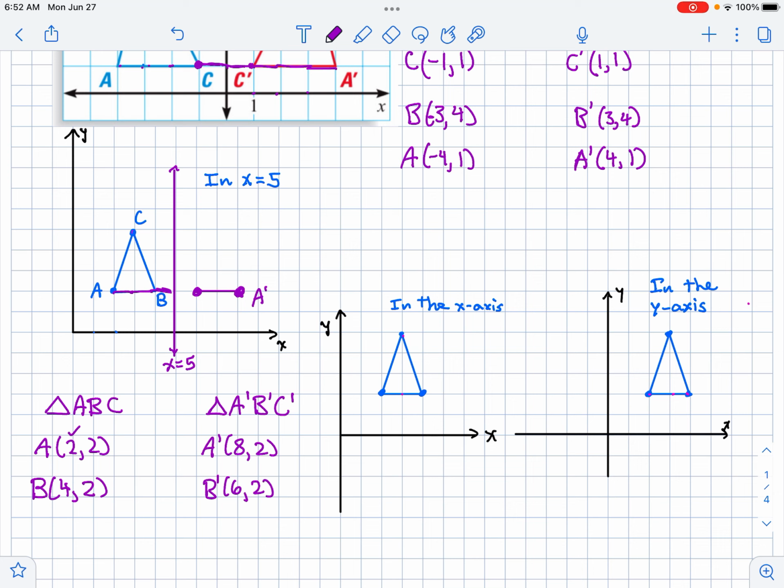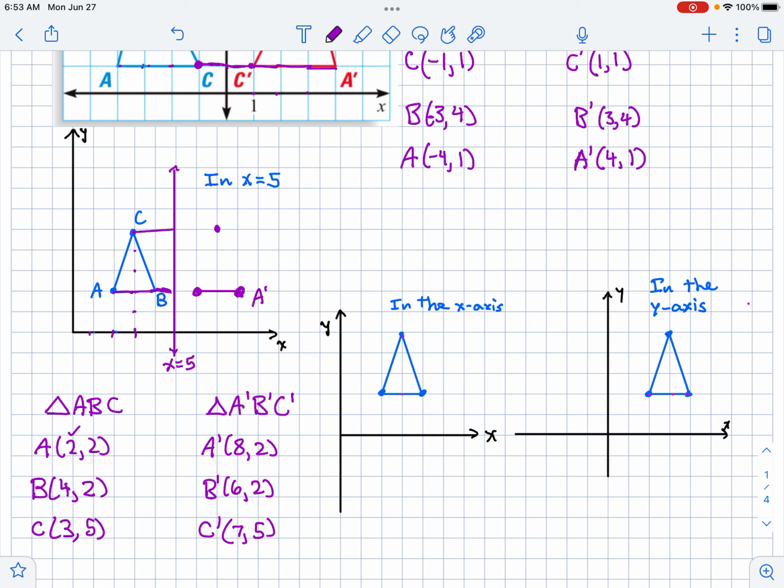Now, as far as C goes, let's see here, 1, 2, 3. So it's got an x-coordinate of 3, and then we go up 1, 2, 3, 4, 5. 3, 5. And C prime then is going to be, notice, to get over here, we go 2 units over. So to get to the new C, we're going to go 2 units over. And we're going to have 7, 5.